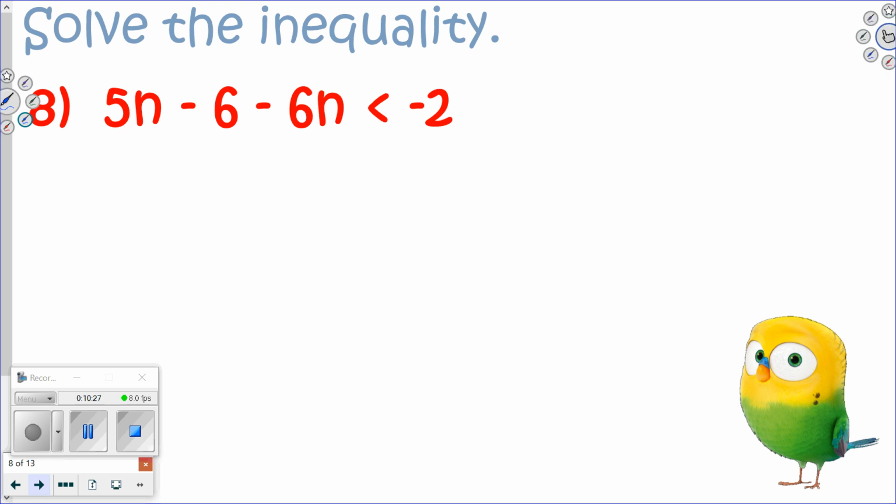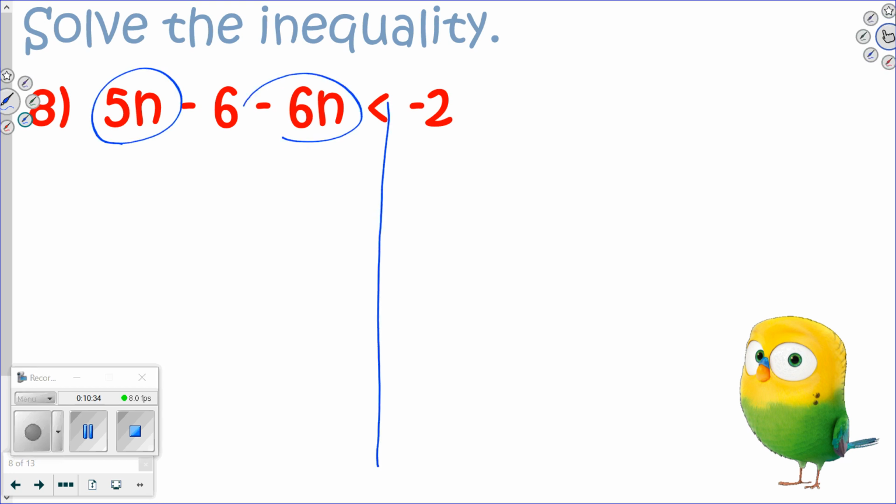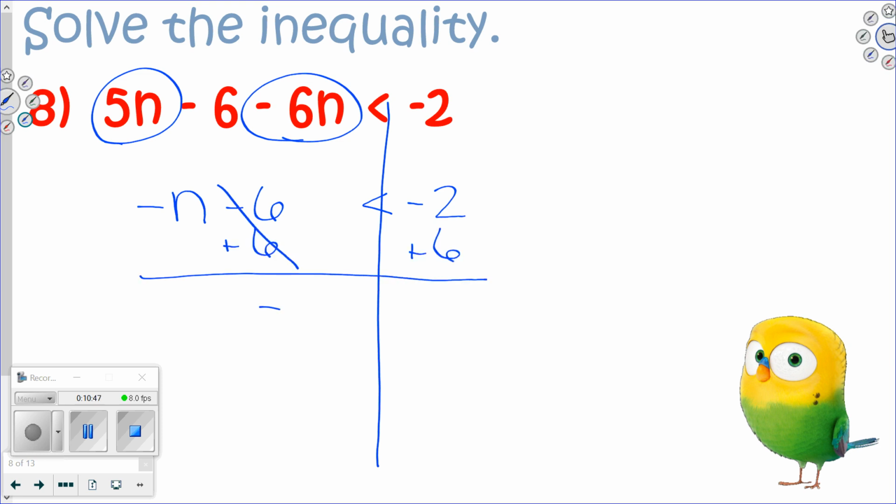Number 8. Do number 8 on your own. All right, guys. First thing, put your like terms together. So we have 5n minus 6n. It's negative n minus 6 less than negative 2. All right, plus 6. Negative n is less than 4.